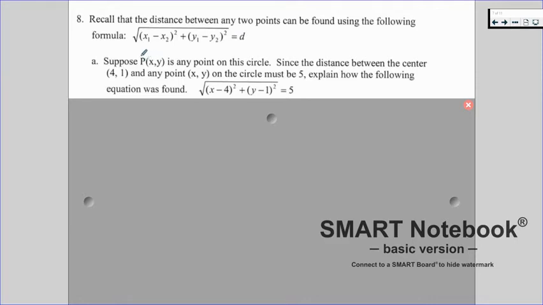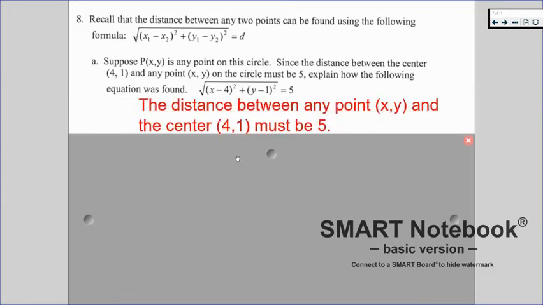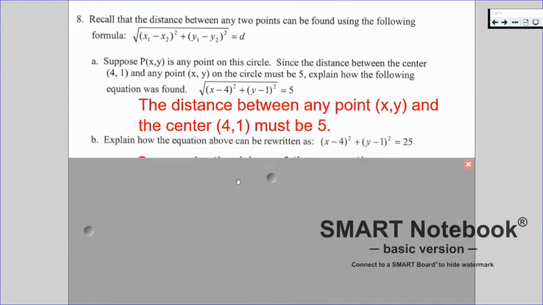Instead of the point (7, 5), I'm talking about any point (x, y). Since that distance between the center and any point is going to be 5, it should match up that the square root of (x minus 4) squared plus (y minus 1) squared is going to equal 5. So that's just using the Pythagorean theorem. It's actually the distance formula, but it's really derived from that Pythagorean theorem. So the distance between any point and the center must be equal to 5.